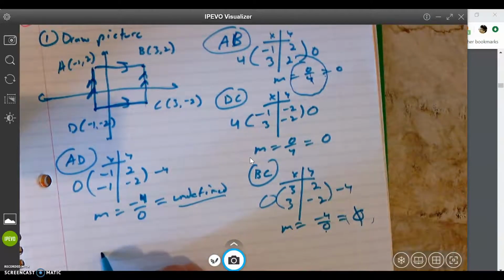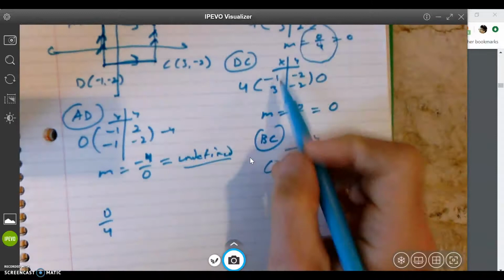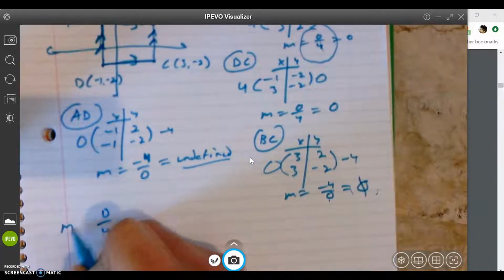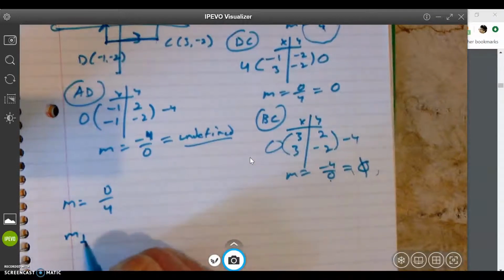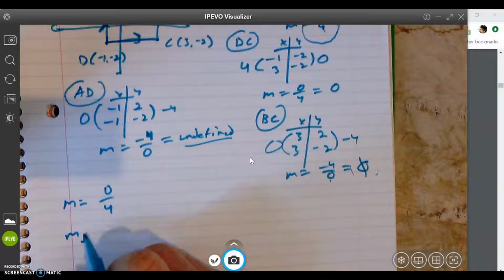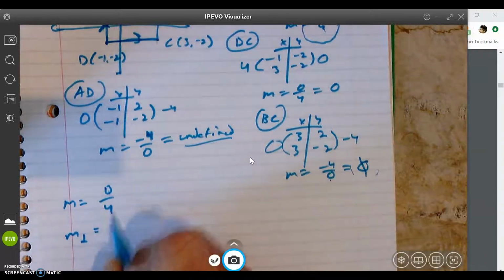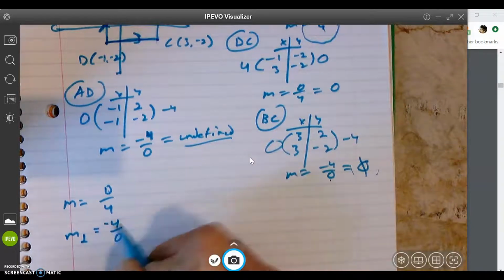So if you have 0 over 4 as your slope of both AB and DC, so that's your slope. The perpendicular slope, this is how you write perpendicular, right, lines, upside down T, the perpendicular slope would be 4 over 0 and then negative.